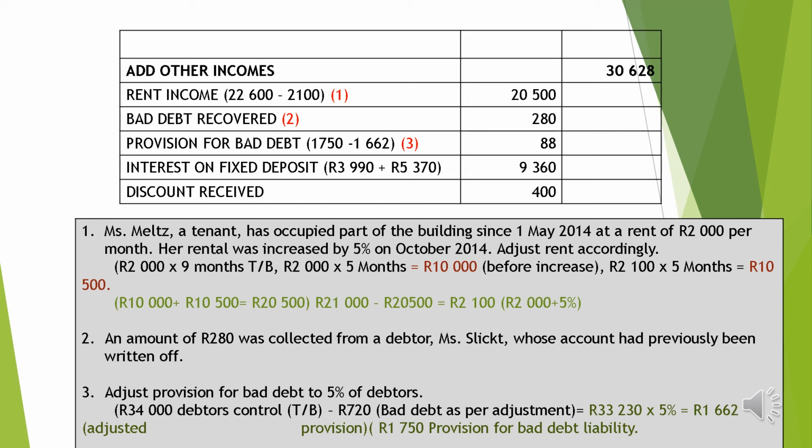Okay, let us go back a bit. The first thing that you need to understand here is that this particular tenant did not occupy this building for the whole year or for 12 months. This particular tenant, she occupied the building as from May to the last day of our financial year. So if we can count, it's May, June, July, August, September, October, November, December, January, February, of which it's 9 months.